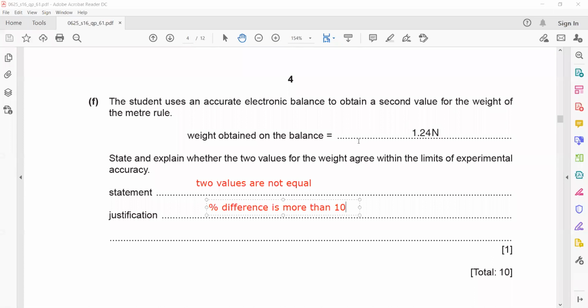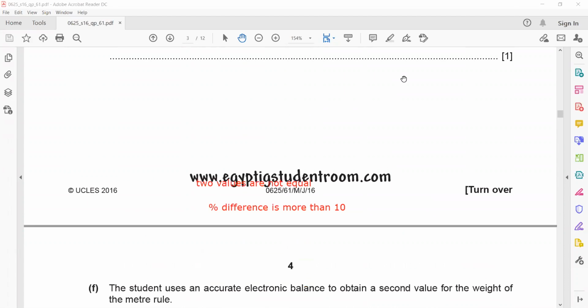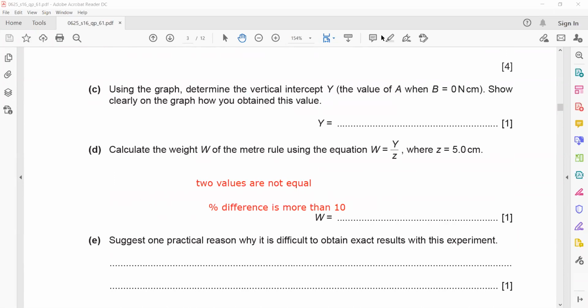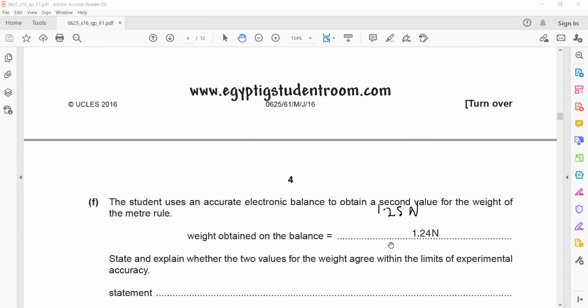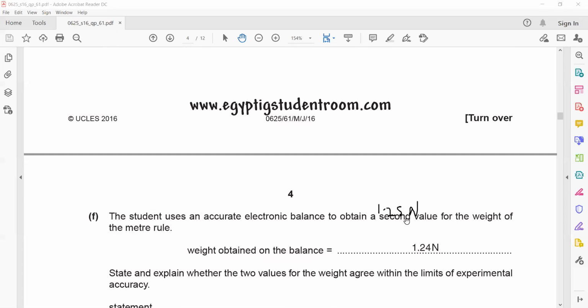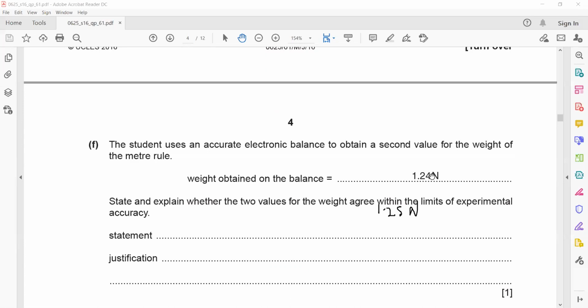So keep in mind, this answer is not a fixed answer. The examiner will check this answer according to your answer. Like another student performs this, and from his graph he's getting 1.25 and here 1.24. When we calculate the percentage difference, it will come out less than 10%, so that student should write yes.